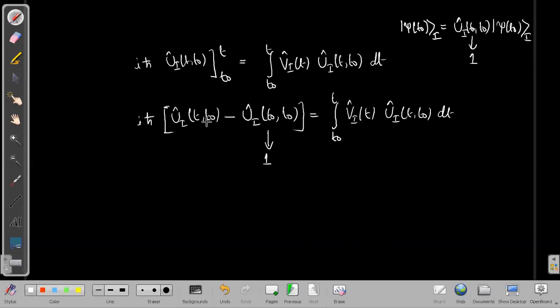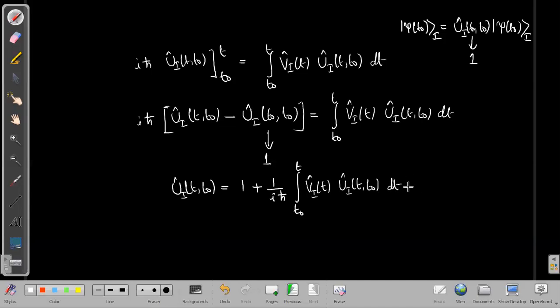Hence I can write U_I(t, t0) equal to 1 plus 1 by i h-bar integral t0 to t of V_I(t) U_I(t, t0) dt. This is the equation for U_I.